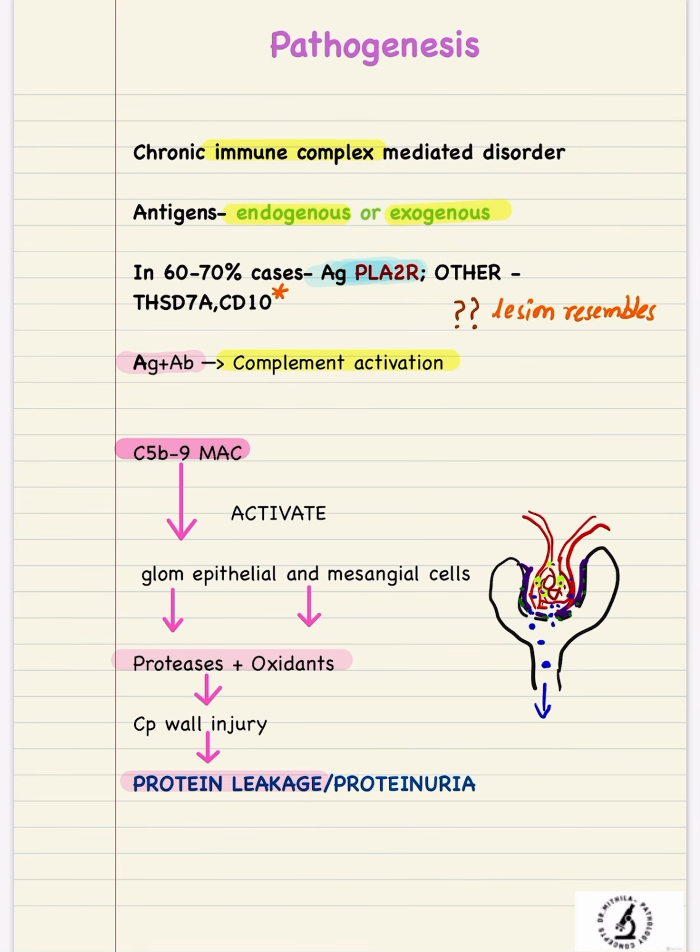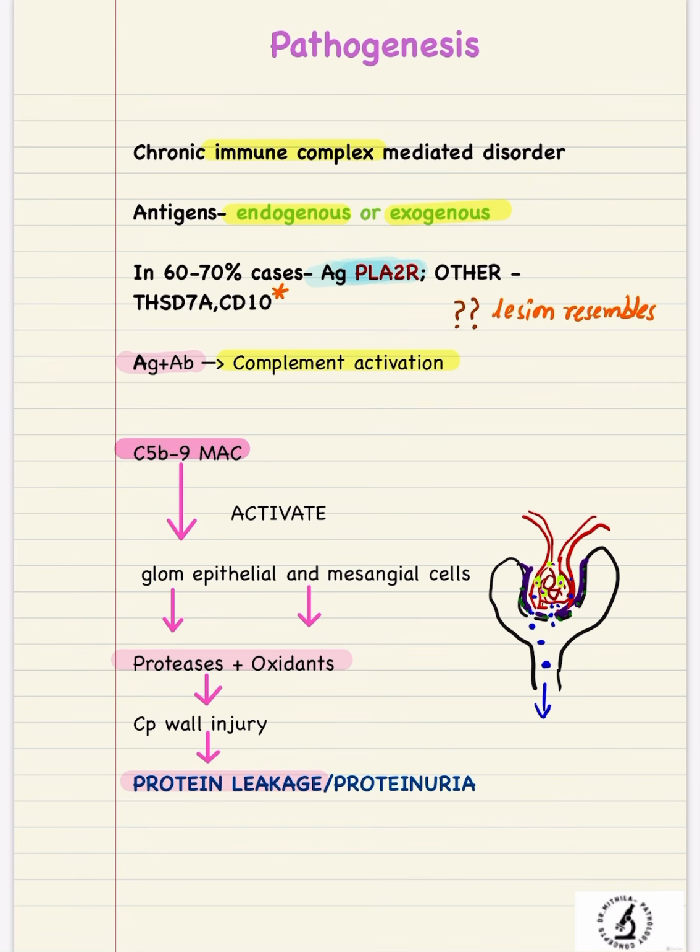This primary membranous nephropathy resembles the Heymann model, which was used to study membranous glomerulopathy. Heymann nephritis was studied in the rat model, and in the rat the podocyte has the antigen megalin.